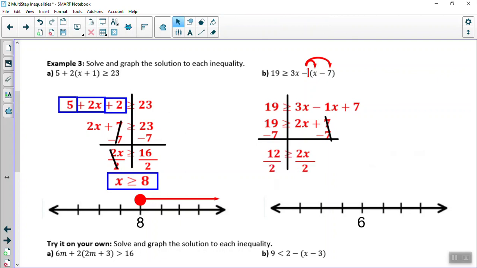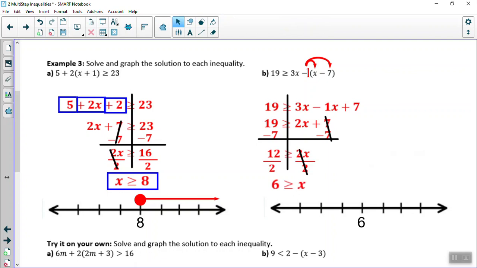Now I can divide both sides by 2. And then 12 divided by 2 is 6. So I get 6 is greater than or equal to x. And we can't leave it that way though. We have to flip that around so that the x is on the left side. So when we do that, we also have to flip the inequality sign.